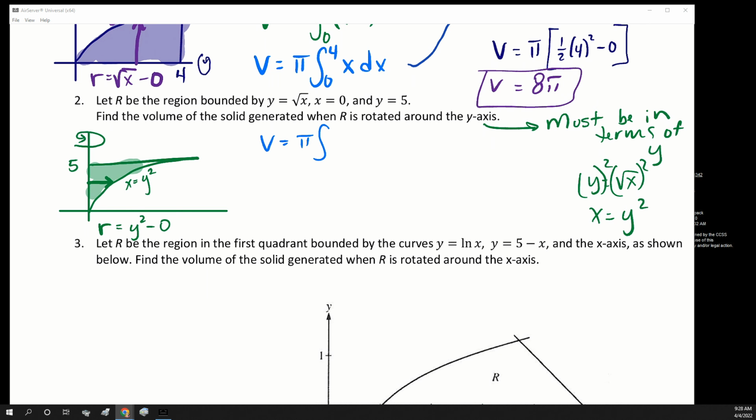So what are they going to be? 0 and 5. Good. So we take y squared and we square it, and then dy. All right. Don't forget that we need to square that radius before we integrate. It's going to be a mess if you don't.